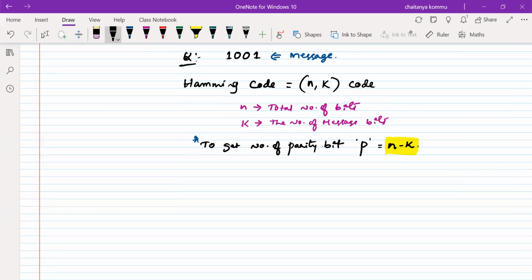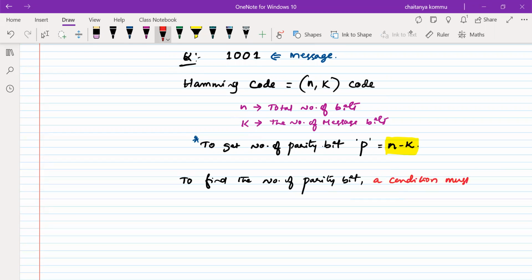Here we have to follow one condition. To find the number of parity bits, a condition must be satisfied. What is this condition?